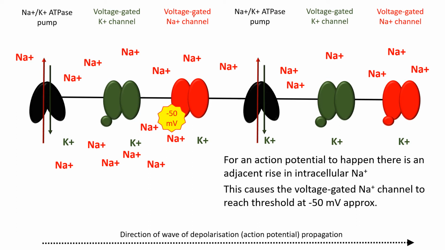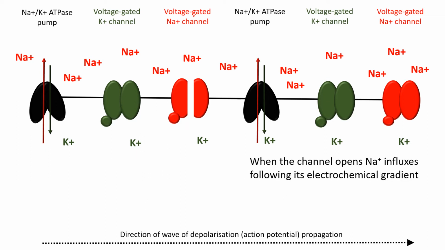Once there's enough gathered around the voltage-gated sodium channels, around the voltage sensor specifically, if the voltage sensors reach their threshold at minus 50 millivolts, they will open the channel, and our channel opens. When the channel opens, sodium, of course, now has an open channel and a strong electrochemical gradient, so it influxes in a big flood.